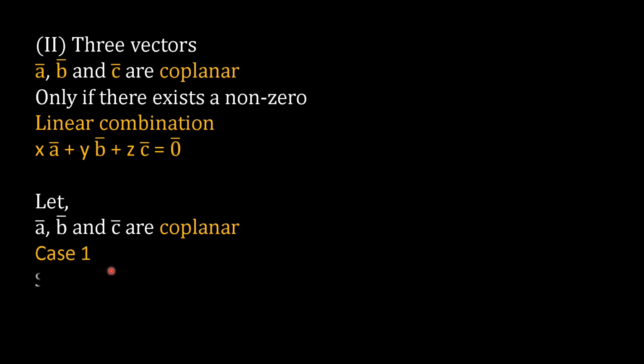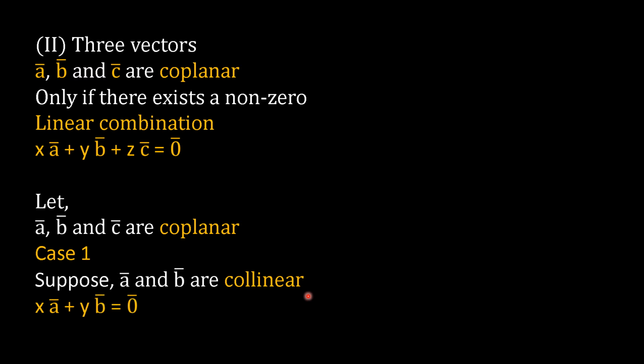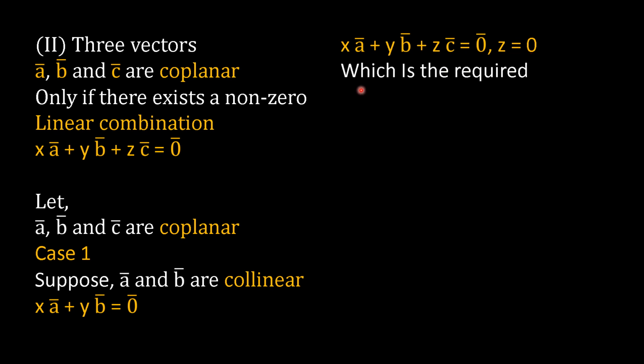Then in this case, we will assume A bar and B bar to be collinear. So we write x A bar plus y B bar equals a zero vector, or x A bar plus y B bar plus z C bar equals a zero vector where z equals 0, which is the required non-zero linear combination.